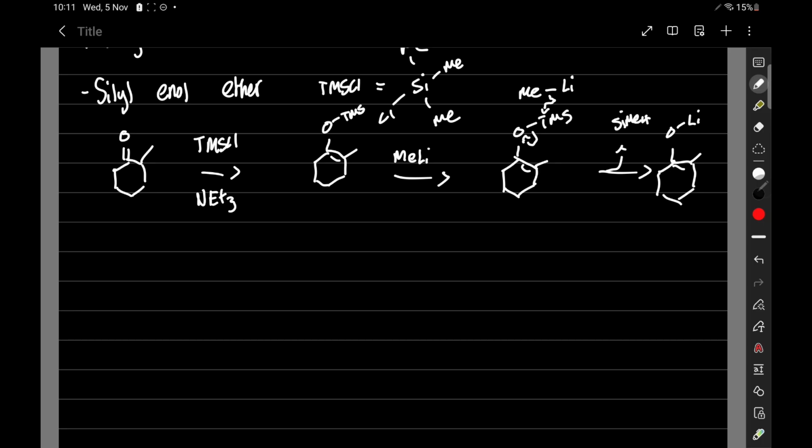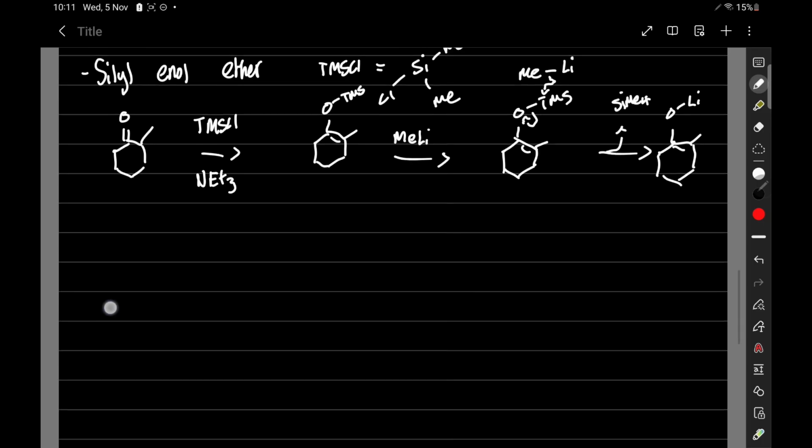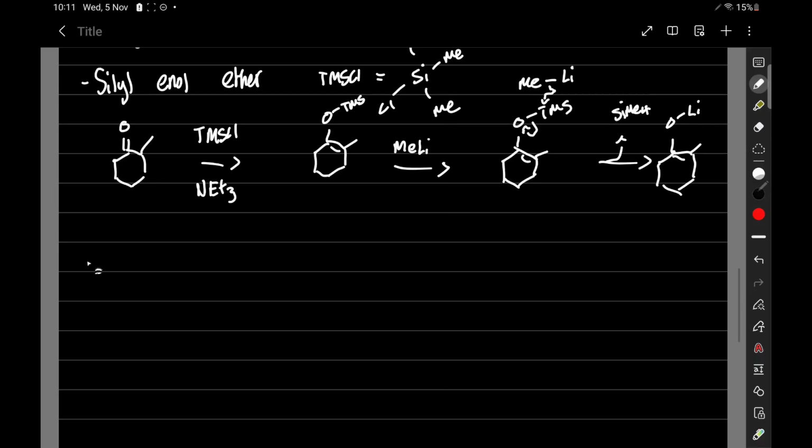Another way of trapping the kinetic enolate is to use an enamine.